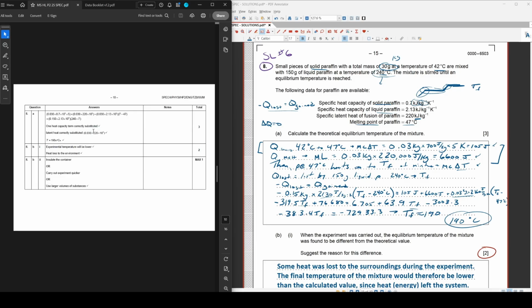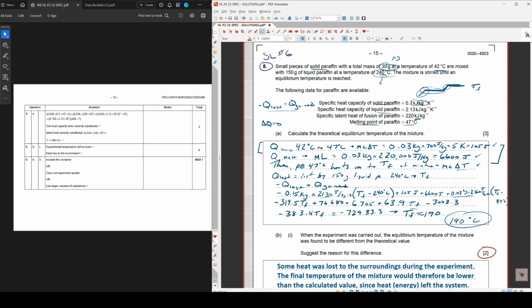So if you realized you needed to do this part, if you multiplied those three numbers together, you get a point. Or if you realized you needed to do this, you get a point if you have those things multiplied together. Or if you multiplied that stuff together, you get a point.